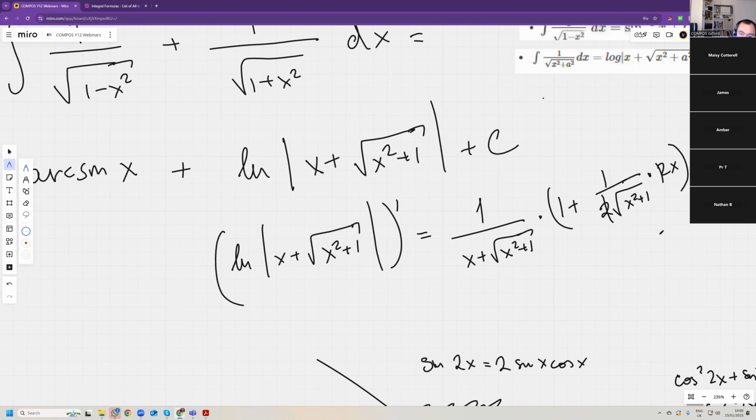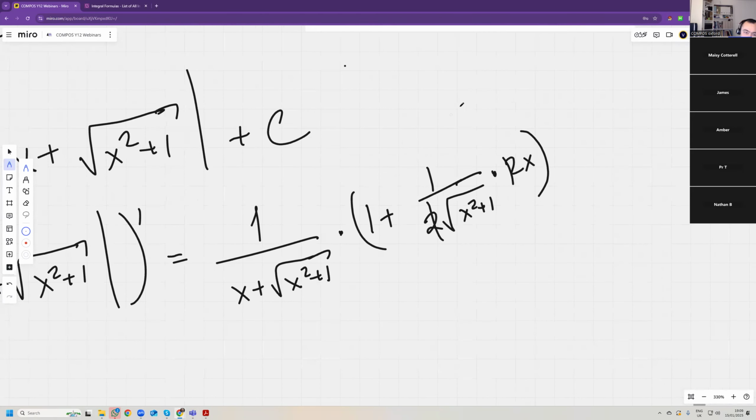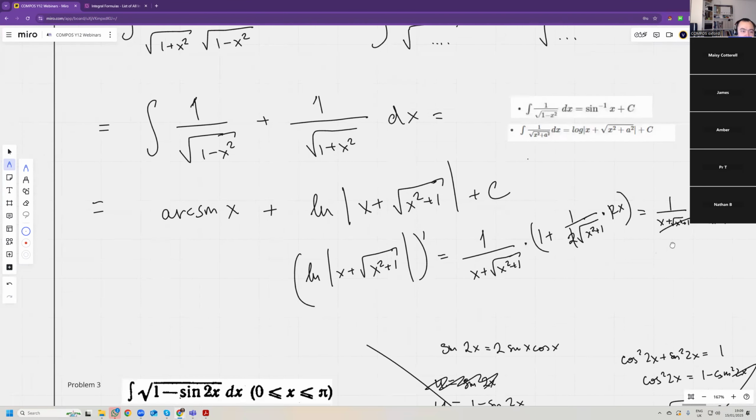So that simplifies to 1 over x plus square root of x squared plus 1 multiplied by square root of x squared plus 1 plus x over square root of x squared plus 1. Oh yes, it does. So it is true.